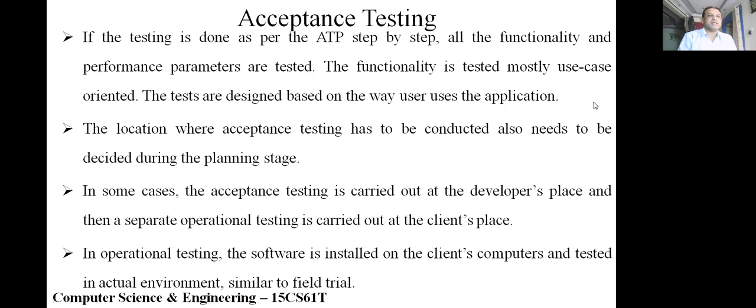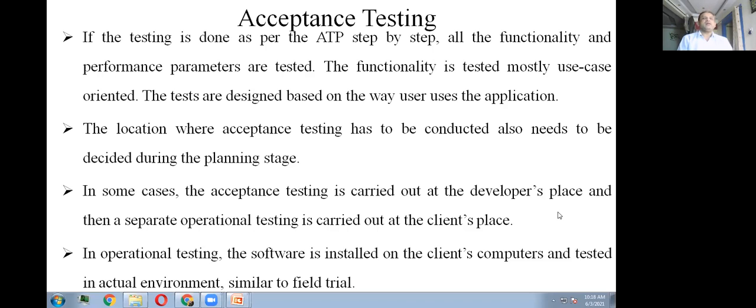In some cases, the acceptance testing is carried out at the developer's place, and then a separate operational testing is carried out at the client's place. Sometimes the setup is not ready with the customer, so he may do acceptance testing in the developer's environment itself. Later, operational testing is carried out at the client's place.